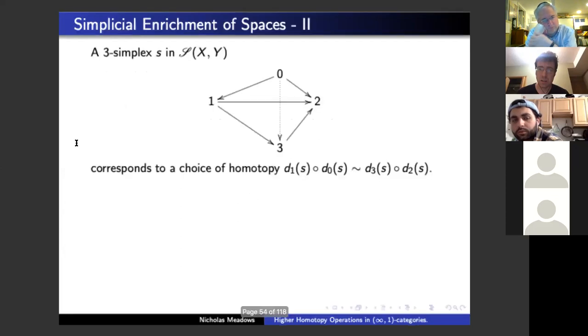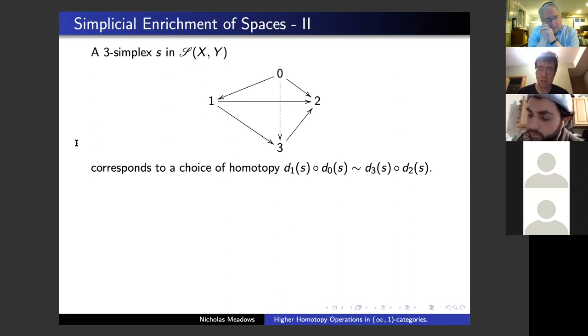The three simplices we can think of as a choice of homotopy between the composite d1 of s, d0 of s, and d3 of s, d2 of s. So if our 3-simplex is s, the di of s is the 2-simplex obtained by deleting the ith vertex in this picture. So we're getting some higher structure that encodes homotopies of homotopies, etc., but in a slightly more complicated way than we would like.